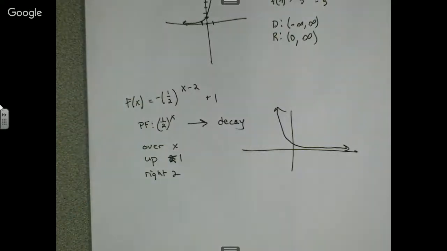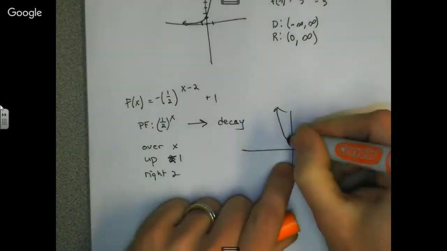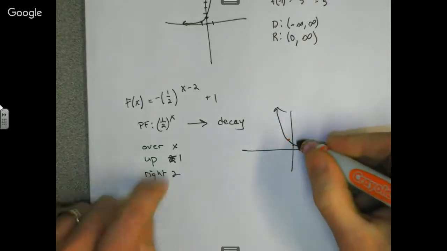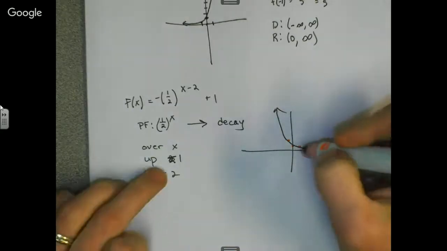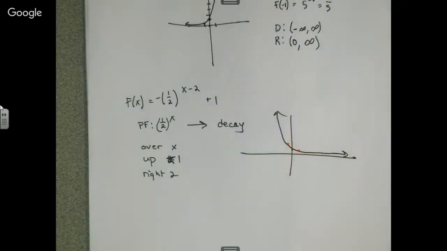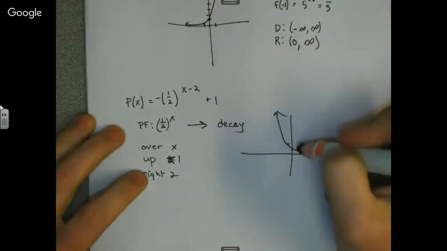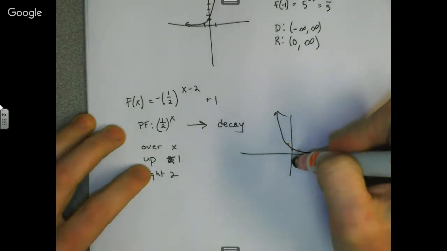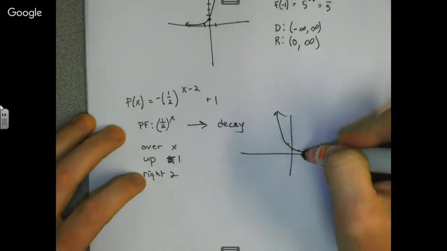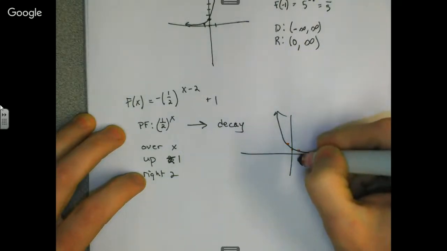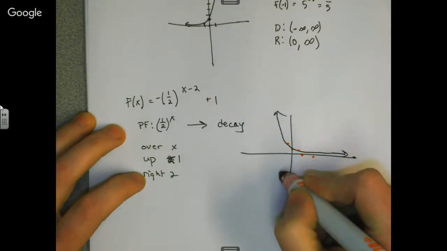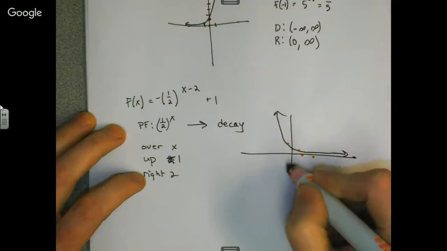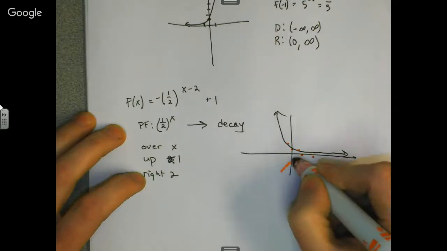So I would start with each point here. I've got my 3 points here, and I'm doing all of this stuff. I'm going to flip it over the x. We'll move it up 1 and right 2. Do the same thing with each point: over the x, up 1, right 2. So it'll probably look something similar to this.